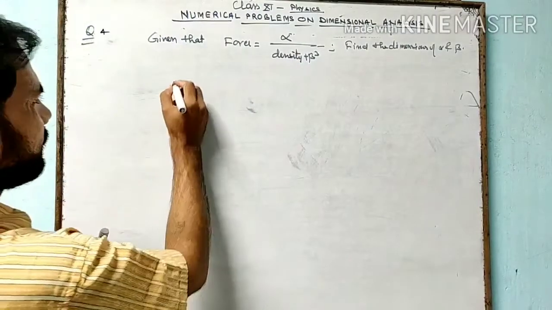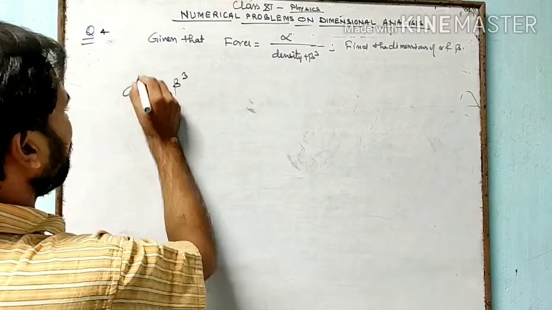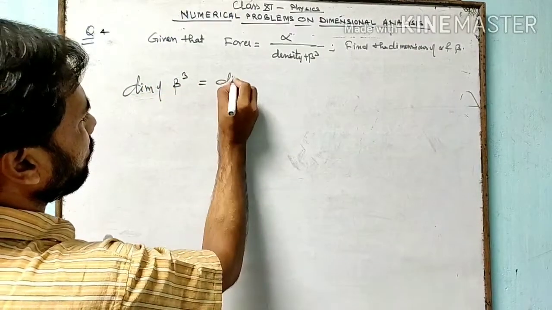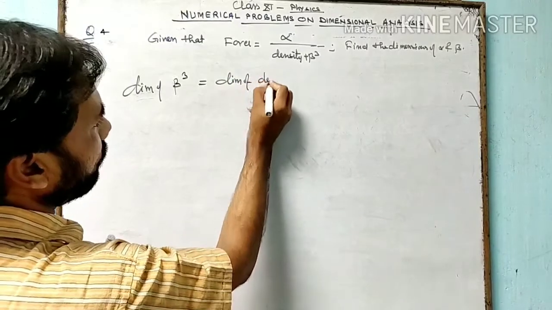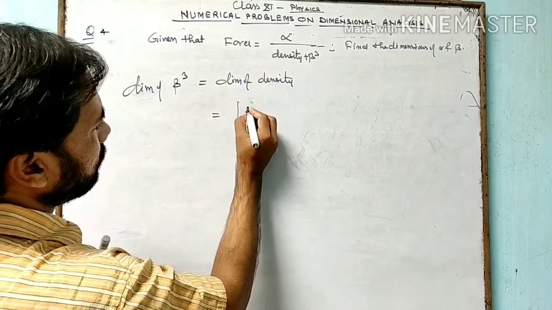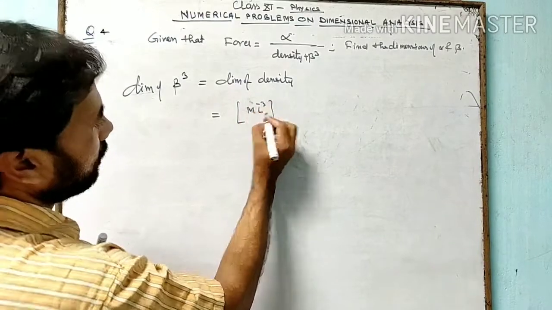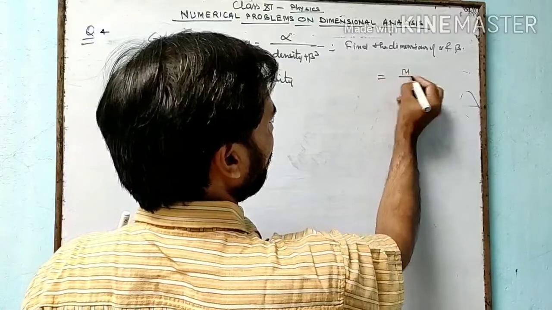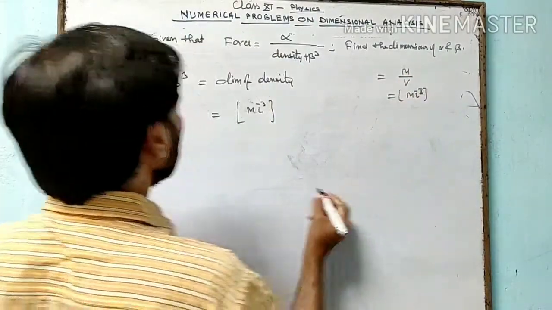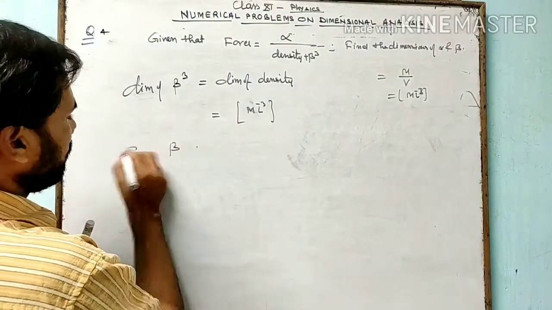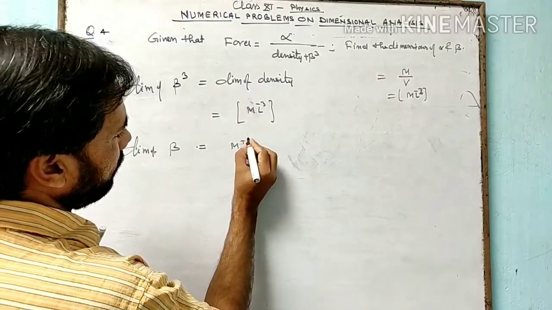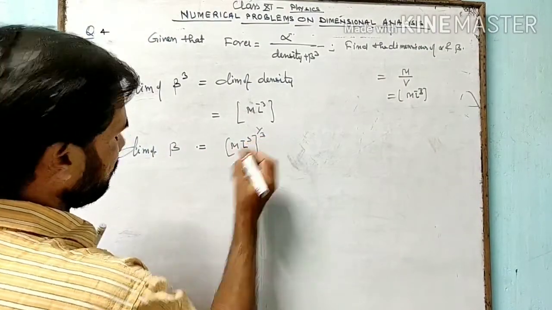So the dimension of beta cube is equal to the dimension of density, that is ml minus 3. As you know, density is equal to mass upon volume, that is ml minus 3.